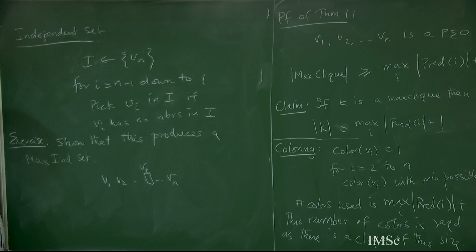Then all these are neighbors of Vk. Why? What happens if I just remove Vk and add Vn?